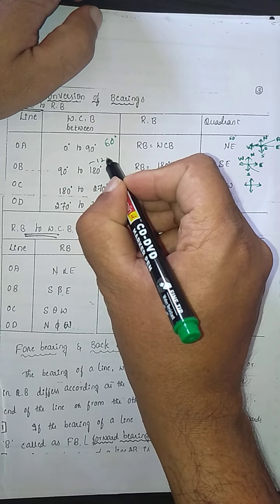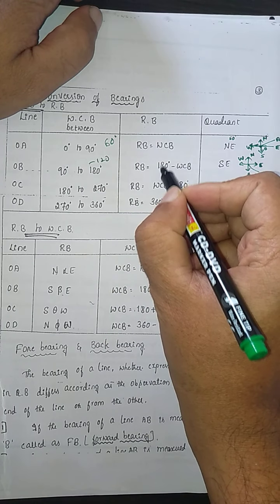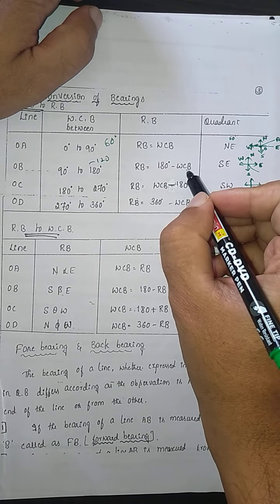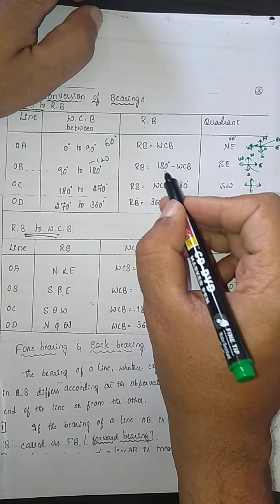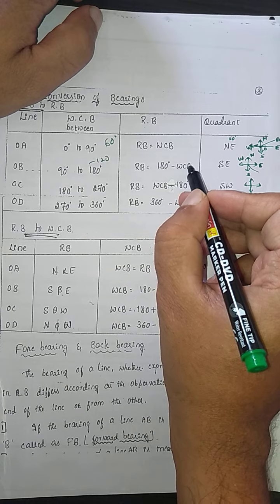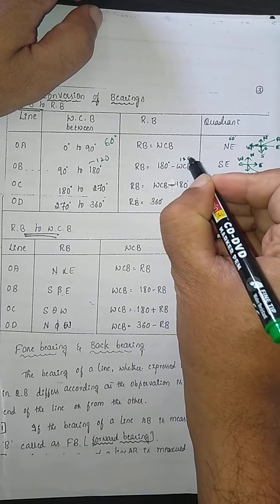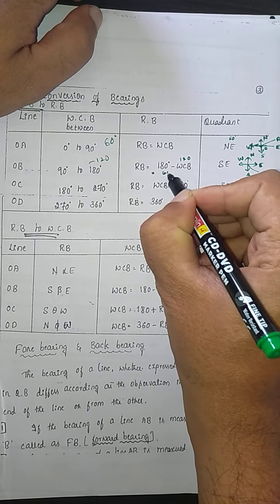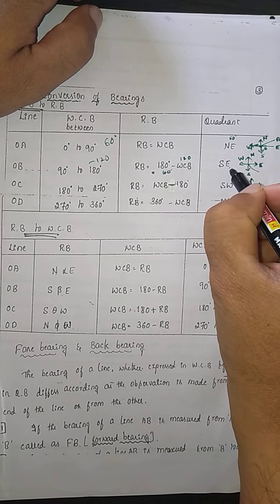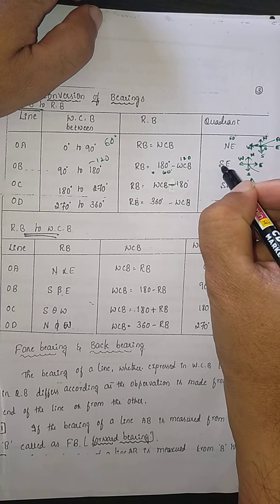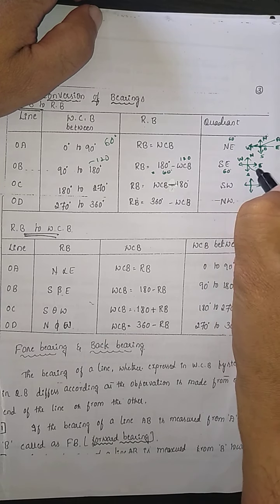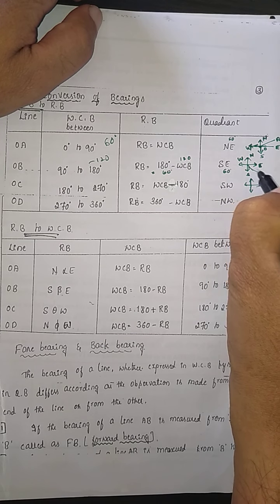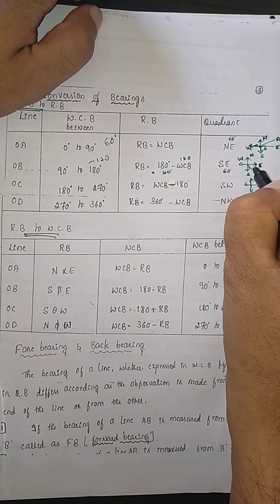The whole circle bearing reading is given to you, so you need to convert it into reduced bearing. So 180 degrees minus WCB, that is 120. You are going to do 180 minus 120, so you are going to get 60. But while writing, you are going to write it as south 60 degrees east. So here it is going to lie in this particular quadrant, that is the second quadrant.